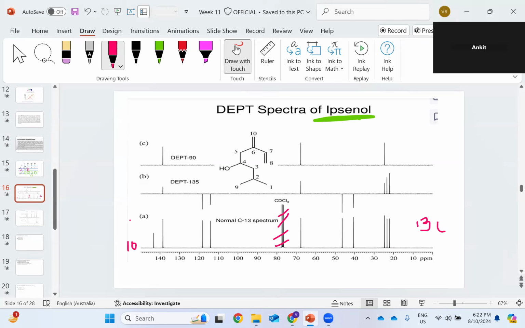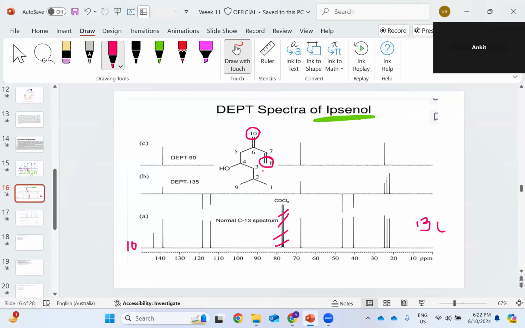Now we have to identify which signal belongs to which carbon. If you look at the structure here, we have 1, 2, 3, 4 carbons which are olefinic carbons. Among that, this is the carbon attached to two hydrogens, and also another carbon attached to two hydrogens.